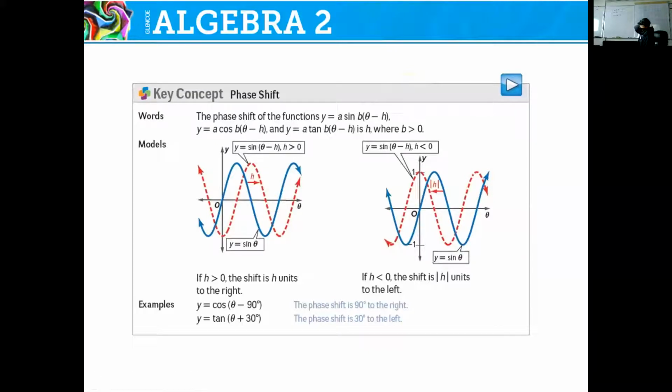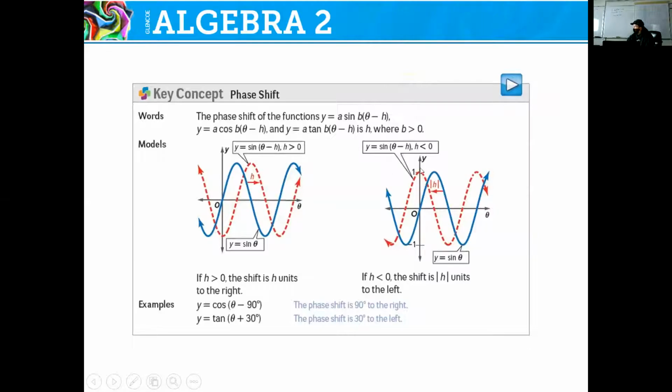The phase shift of the function y equals a sine of b theta minus h, which I abbreviated as c, and y equals a cosine of b theta minus h, and y equals a tangent of b theta minus h, is h, where b is greater than 0. When it's a negative, we're shifting h units to the right, and when it's a positive, we shift to the left.